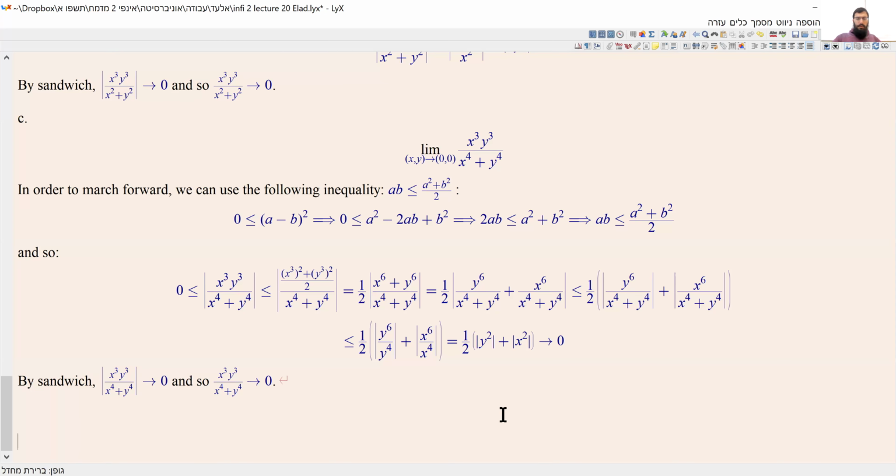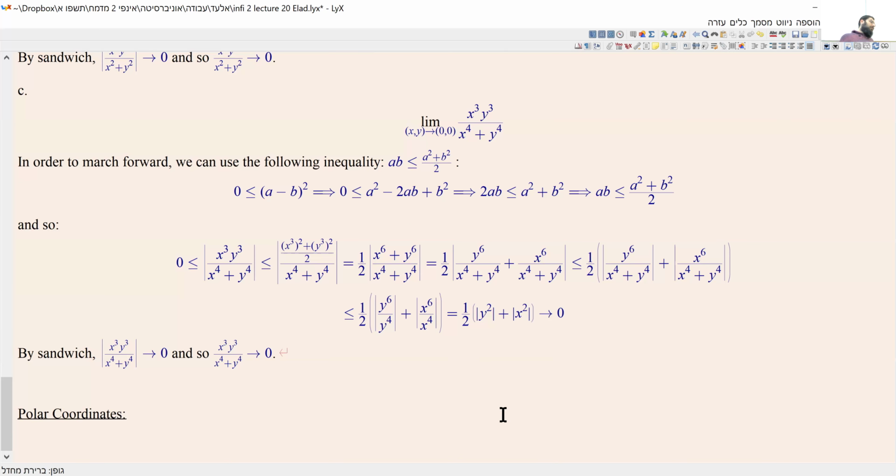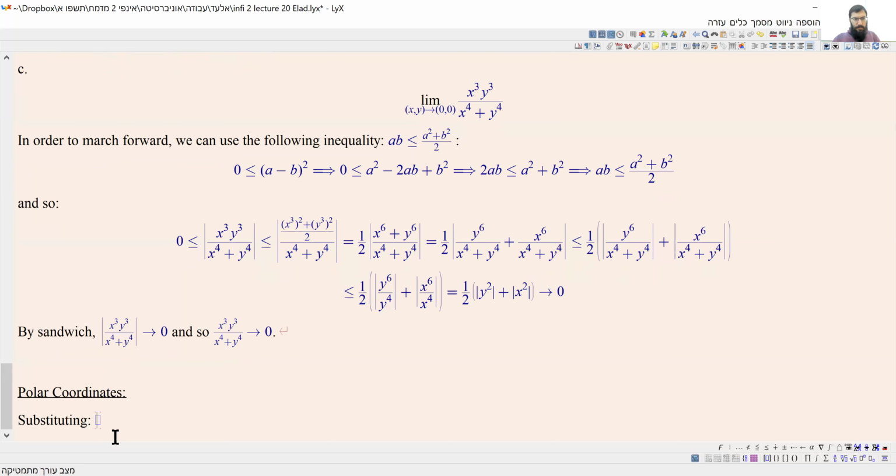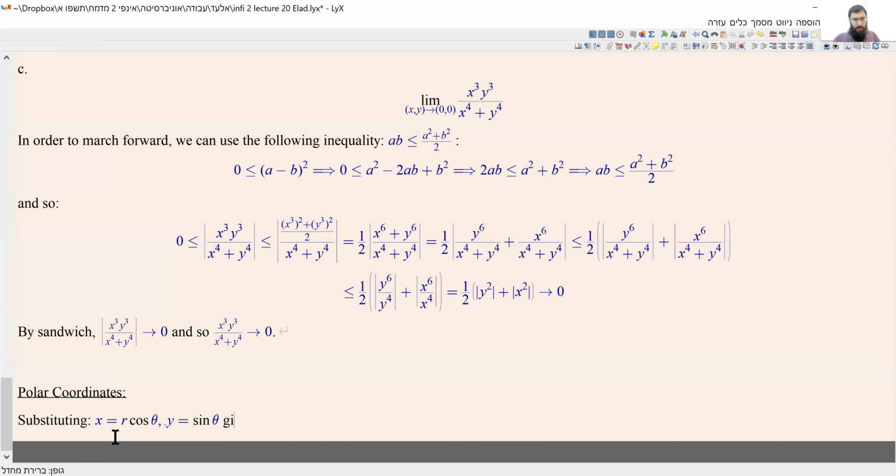Last thing today. I call it polar coordinates. Maybe you're already familiar with the concept of substituting x is r cosine theta and y is r sine theta.